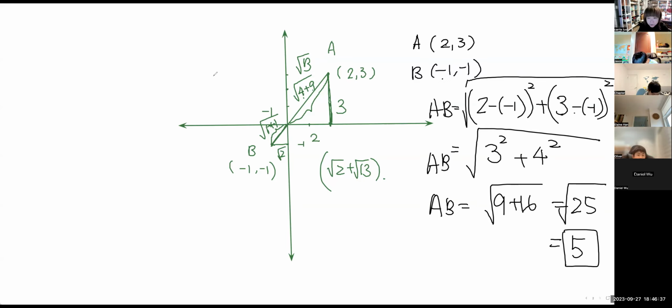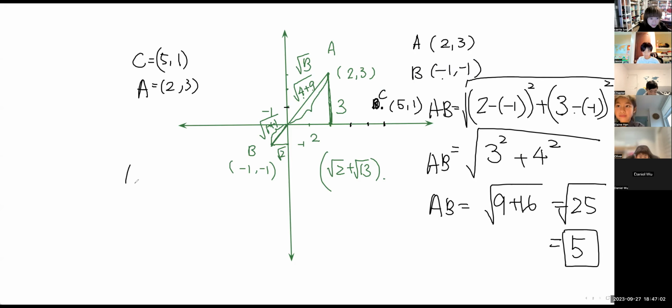Okay, I'm going to give you another easier one, okay? So I'm going to have A still equals 2, 3, and for this one, 5, 1. Okay, sorry, we say C. So C equals 5, 1, and A equals 2, 3.